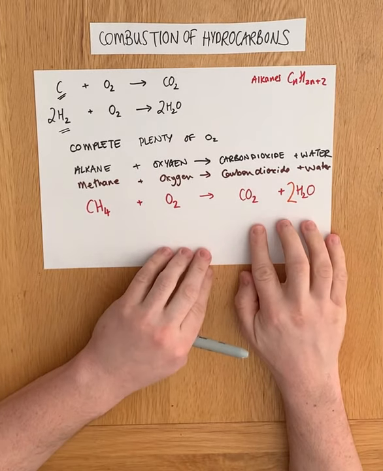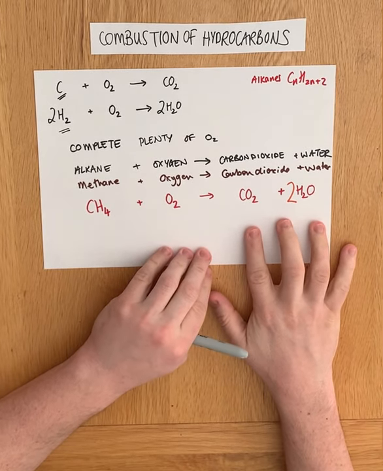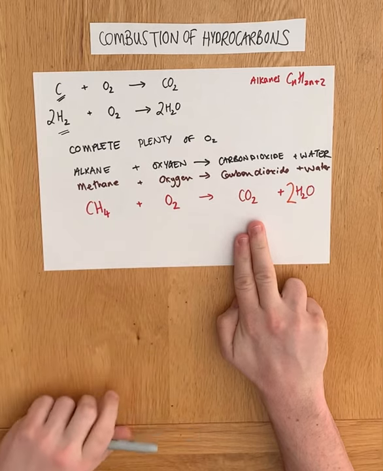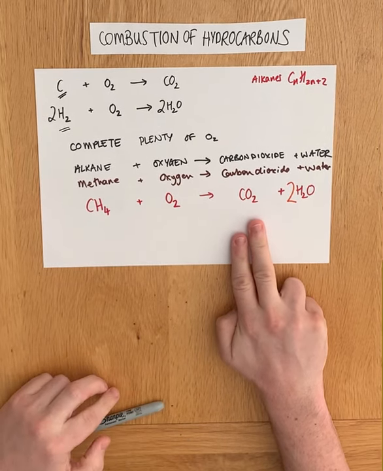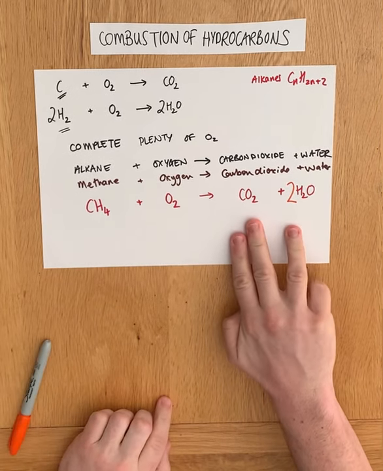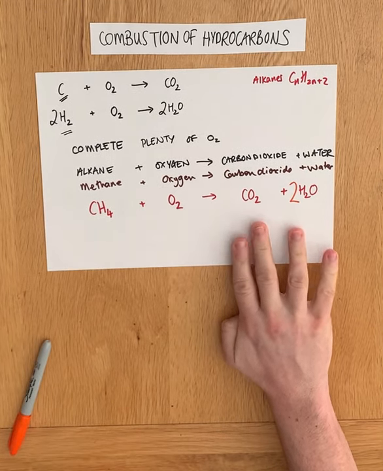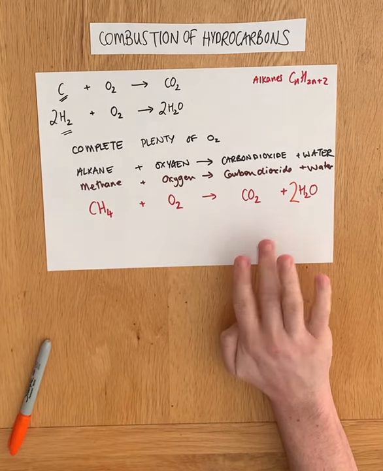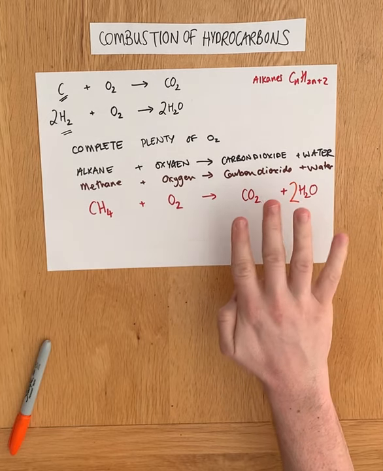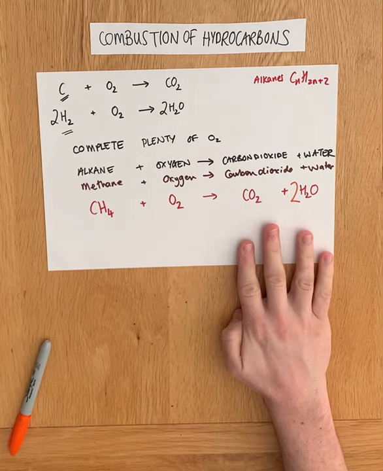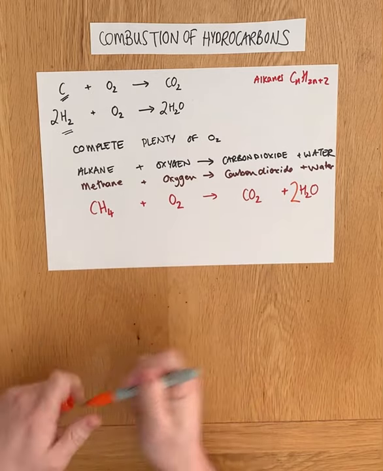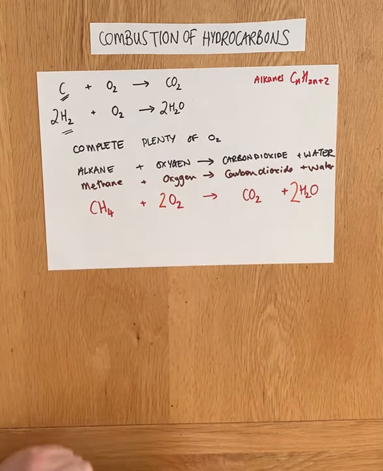Now if I add up the total number of oxygen atoms on my product side, I've got 2 in 1 molecule of carbon dioxide, and I've got 1 in each of my 2 water molecules. That gives me a total of 4 oxygen atoms or moles of oxygen atoms on my product side. They come in pairs, so halve it. 2 oxygens.